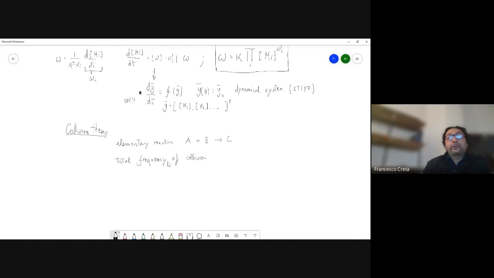So I have to figure out what the overall frequency of collision is between A and B. Is it 10 collisions per second, 10 billion collisions per second? This is what collision theory provides, and what the kinetic theory provides. I will just give you the result.